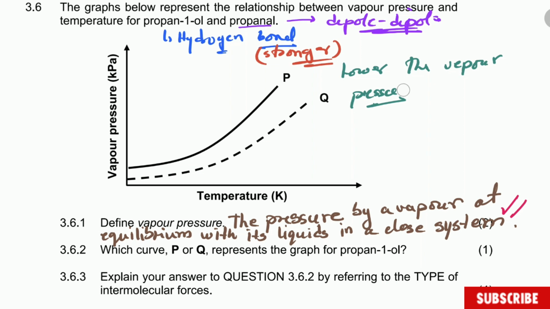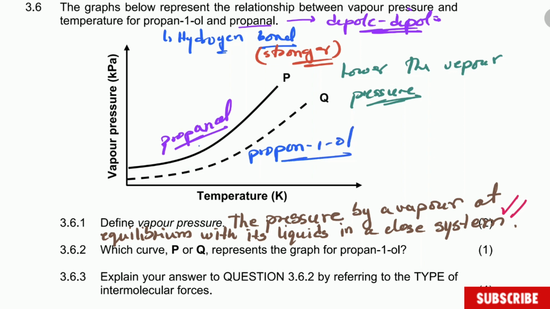Okay, let's fix this one. There we go. The stronger the intermolecular forces, the lower the vapor pressure. In other words, whoever has a higher vapor pressure will have weaker intermolecular forces. If we go here, P will be for propanal, and Q will be propan-1-ol.